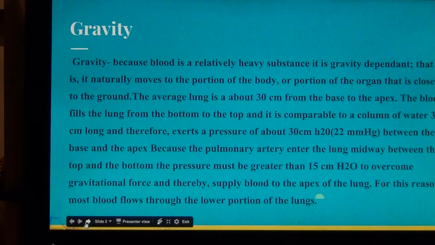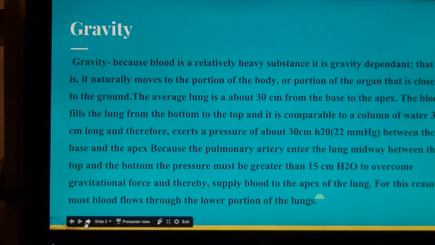Gravity. Because blood is a relatively heavy substance, it is gravity dependent. That is, it naturally moves to the portion of the body or organ that is closer to the ground. The average lung is about 30 centimeters from base to apex.